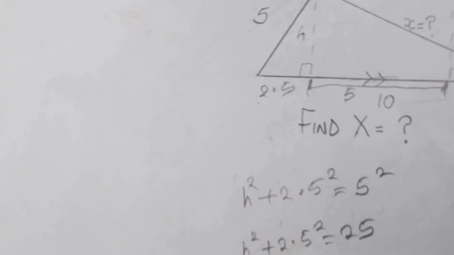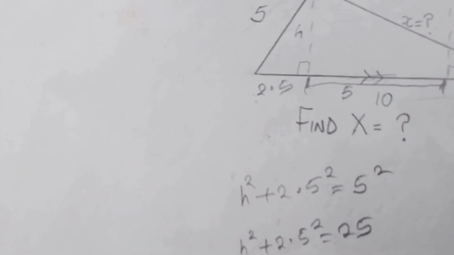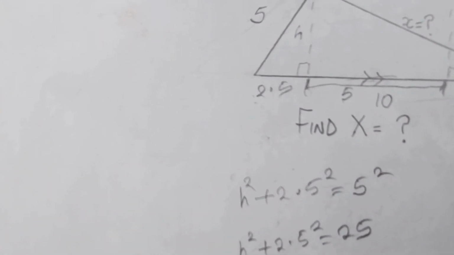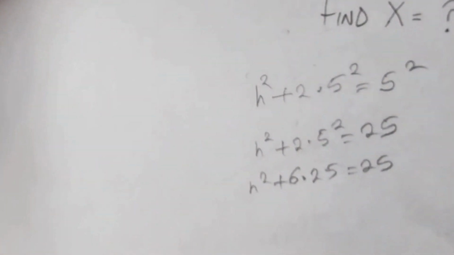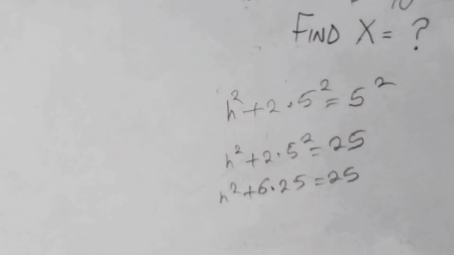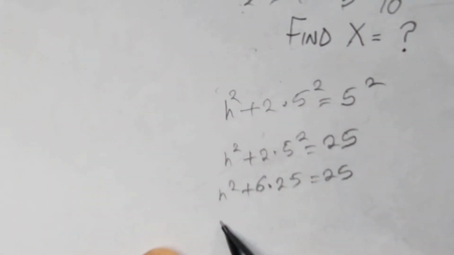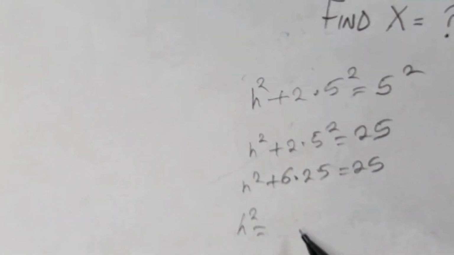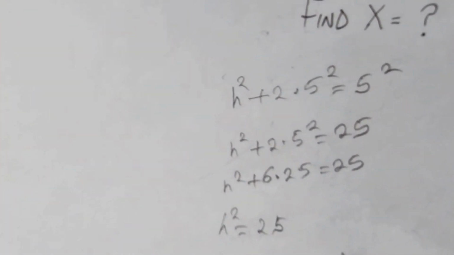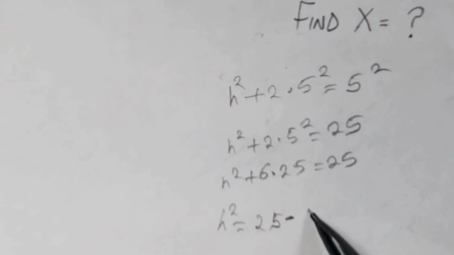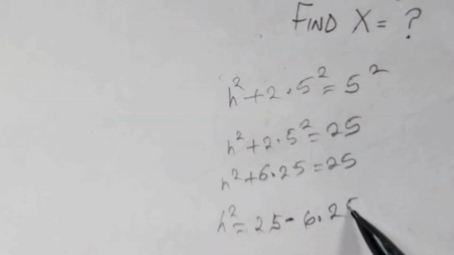Now 2.5 squared is the same as 6.25, and that's 25 right there. Now, so h squared is 25 minus 6.25.